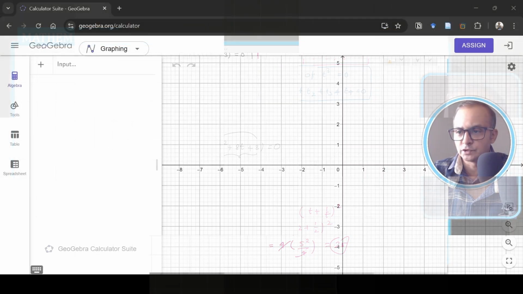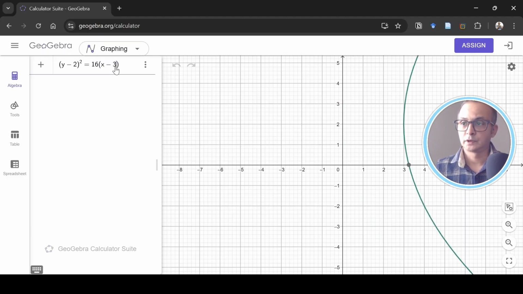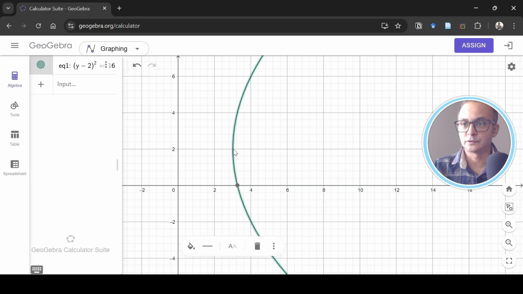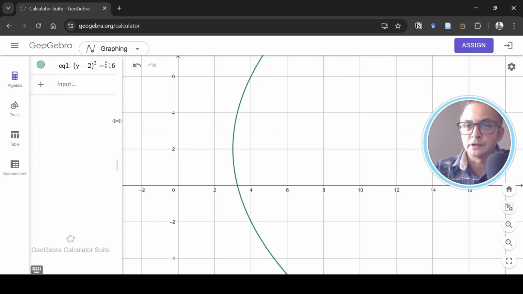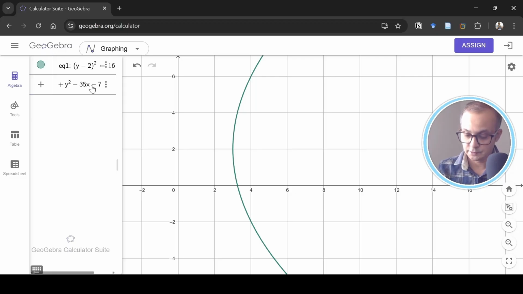Okay, so we are here in GeoGebra and we draw the graph of the given parabola, and now the circle.